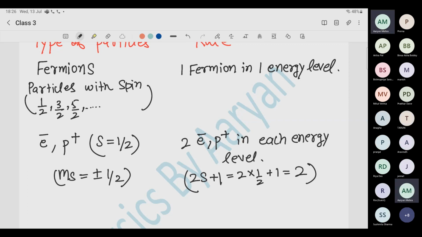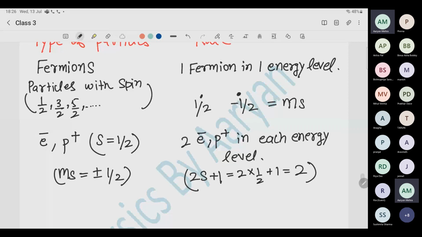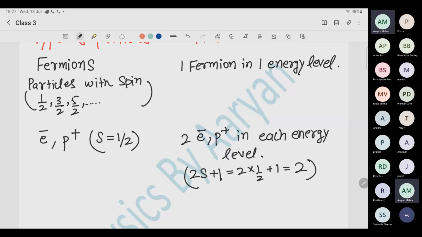Now the same two electrons, electron 1 and electron 2, become different, because to one electron you assigned half and to another electron you assigned minus half, because you introduced a new quantum number which is called ms. So the overall conclusion is: if only fermion is mentioned, one fermion in one energy level; if electron or proton is mentioned, you need to put two electrons or protons.